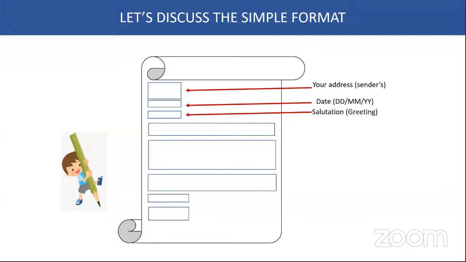If it is your friend, you can write dear, and your friend's name. If it is a friend, you can write hi also here. Hi Sanduni. Hi Sylvia. Oh dear Sylvia. Oh dear father. Dear mother. That is salutation. Greeting. And next one, the opening paragraph.